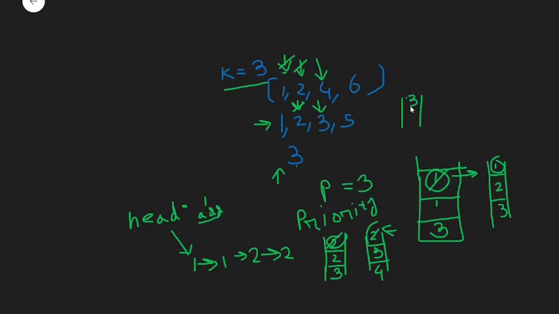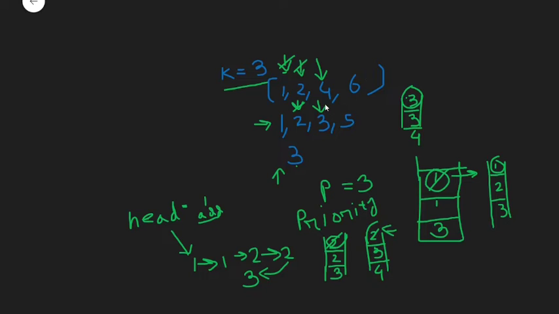After pushing this 3, our min heap will look like this, that it will contain 3 elements, 3, 3 and 4, right? Where 3 is the minimum element out of these 3 numbers. So we need to make this 2 point to this 3, right?